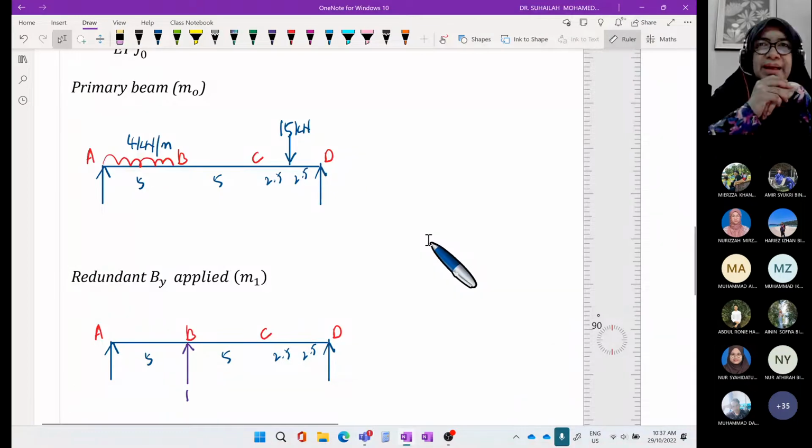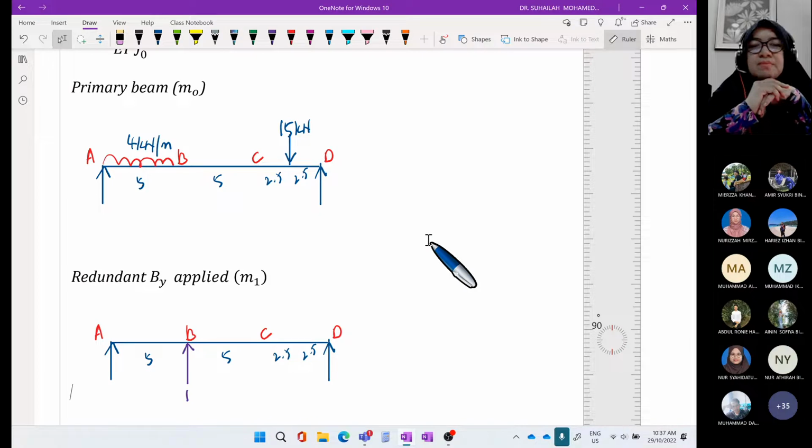Okay, berapa nilai AY and DY? Cepat-cepat nak habiskan sebelum pukul 11 ni. AY and DY?